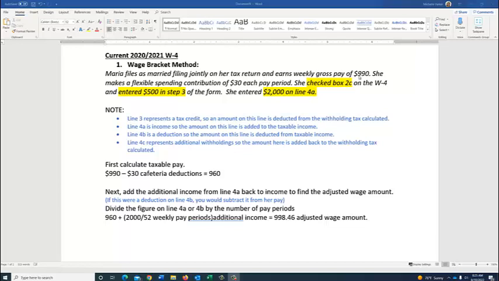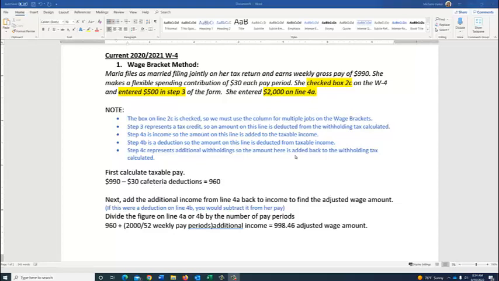She makes a flexible spending contribution of $30 each pay period. She checked box 2C on the W-4 and entered $500 in step 3 of the form, and then she entered $2,000 on line 4A. We're going to have to take into account all of these things that are highlighted when figuring the federal withholding tax.